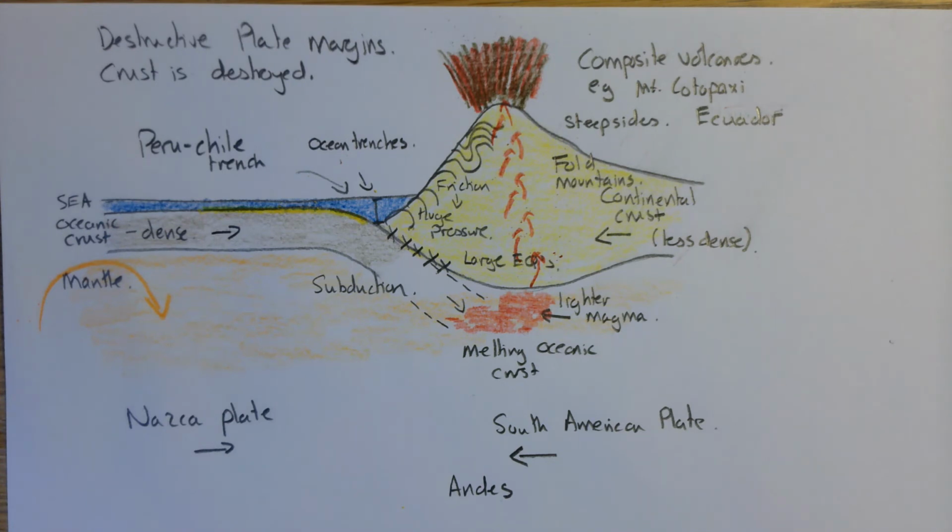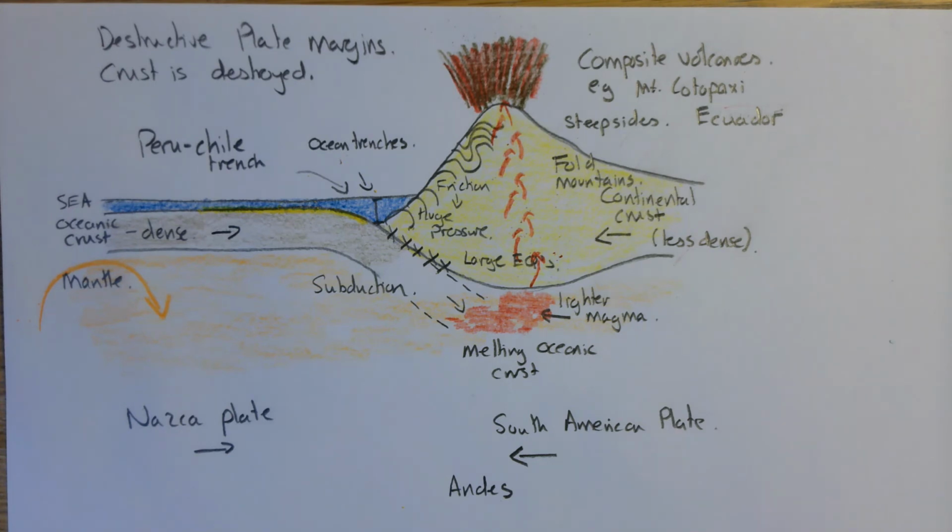Finally, give me a real-world example and mention some of the landforms that have been created as a result. Yes, so the Nazca plate is converging with the South American plate.